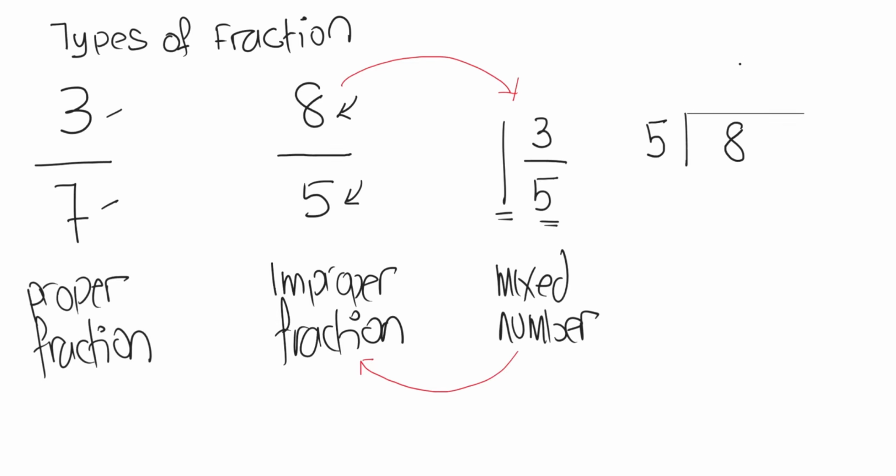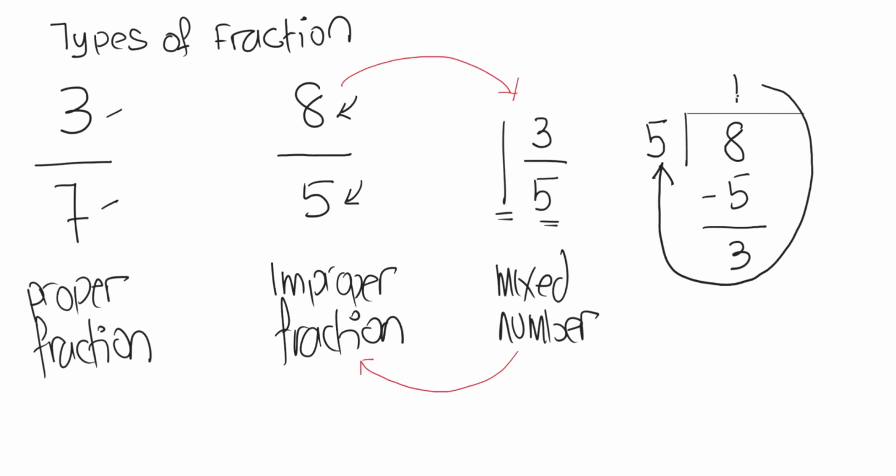Okay, so I'm going to do the normal division. So 1 times 5 is 5, 8 minus 5 is 3, and I stop. I do not continue. Now here comes the part where the improper fraction becomes a mixed number. So I read this from top clockwise.